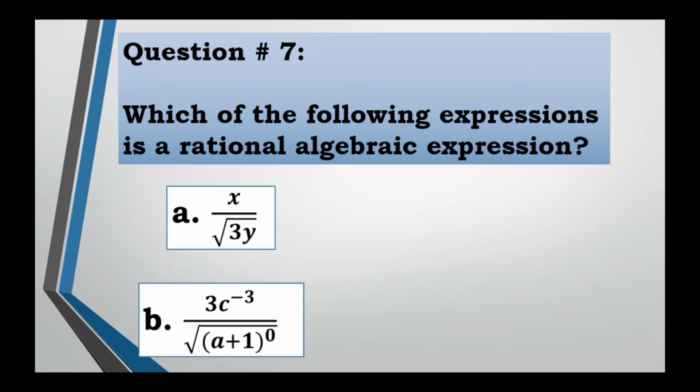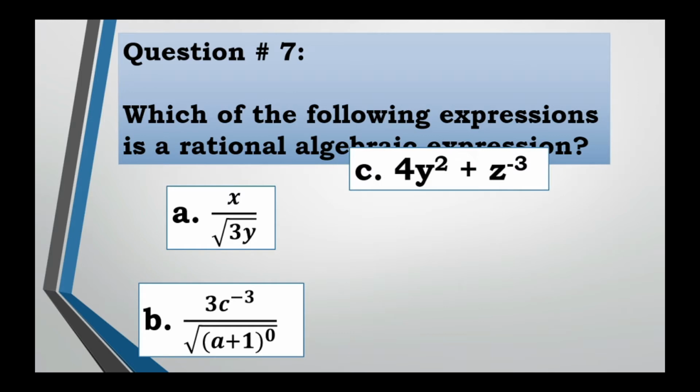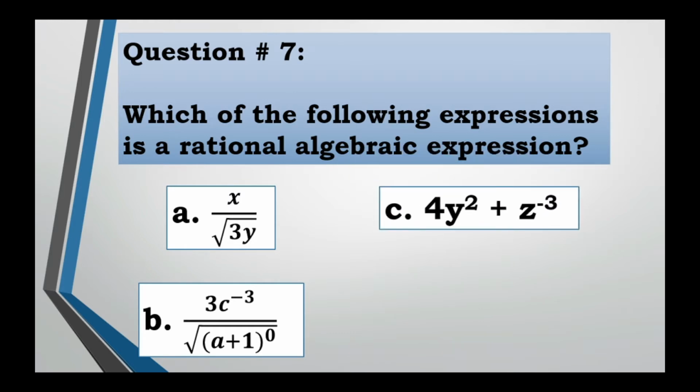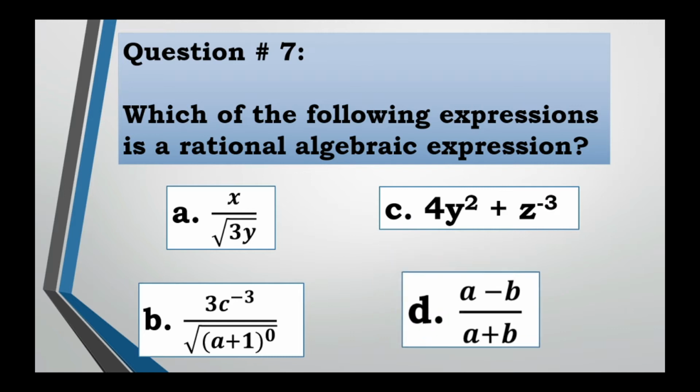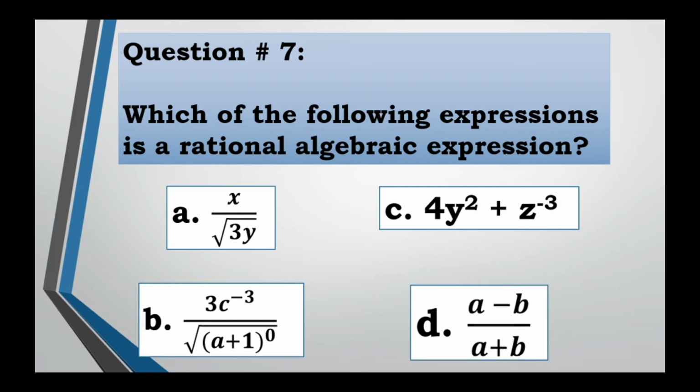Letter B, 3c raised to the negative 3 all over the square root of a plus 1 raised to 0. Letter C, 4y squared plus z raised to negative 3. Letter D, a minus b all over a plus b.